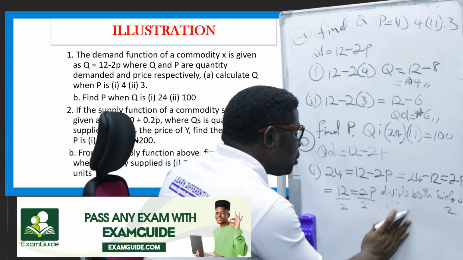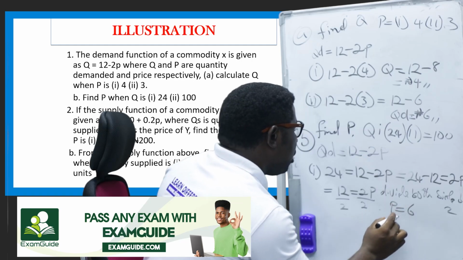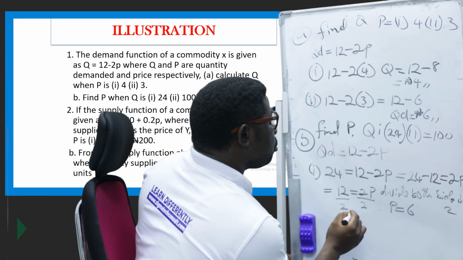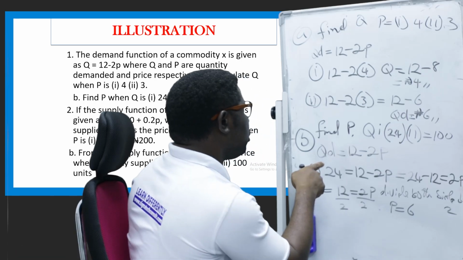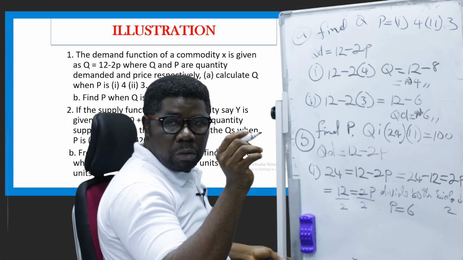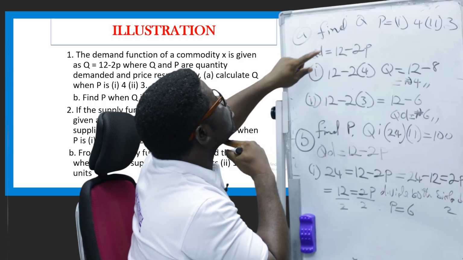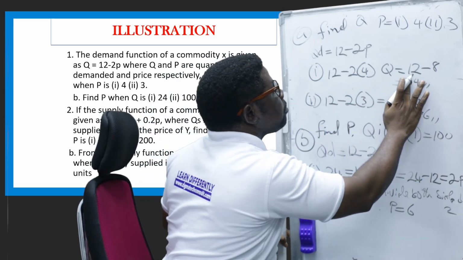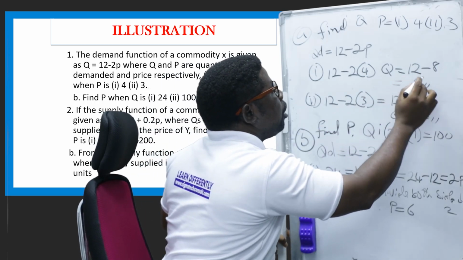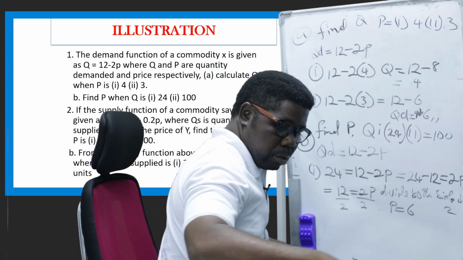So P is equal to 6. P is equal to 6 units. We're looking for P. Sorry, this is 6 units.